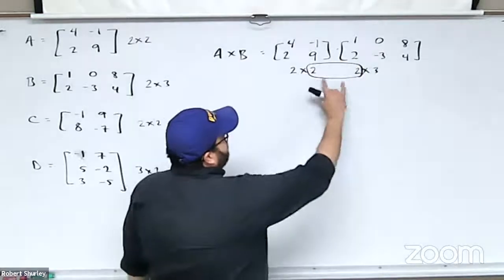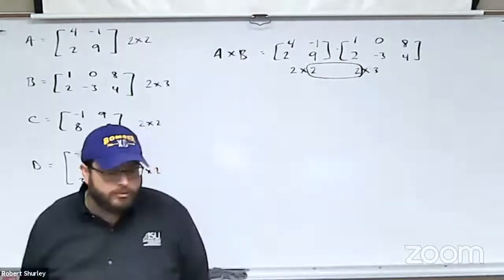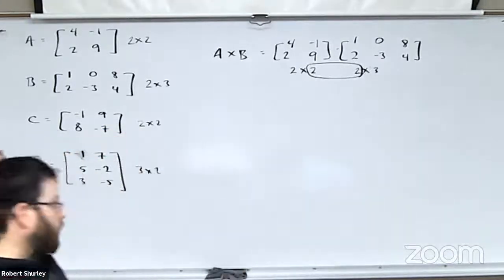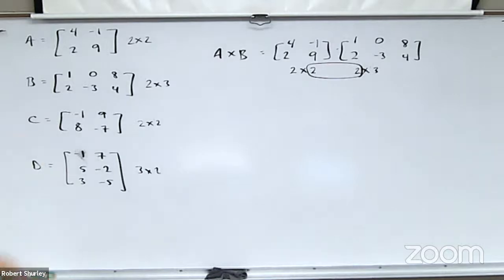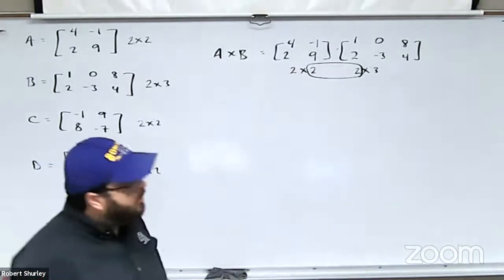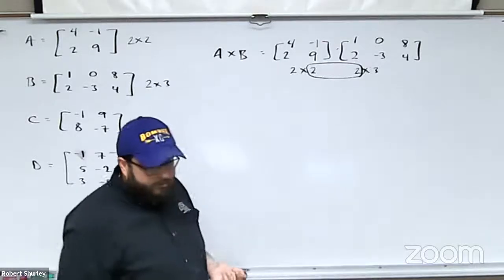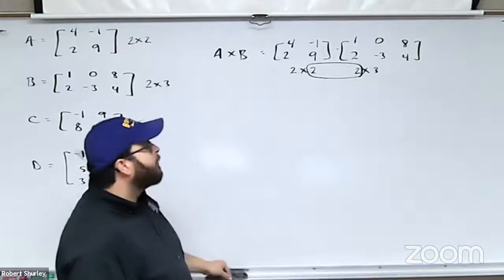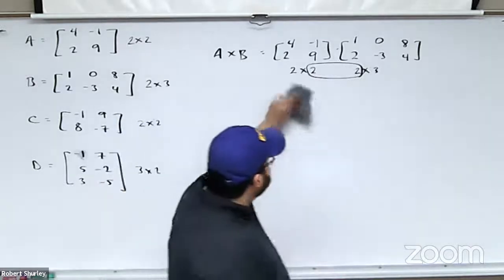And if they match, then we can multiply these together, okay? I know that's kind of goofy, but we'll see why when we do this by hand. I'm going to multiply these together by hand to show you where it's coming from.